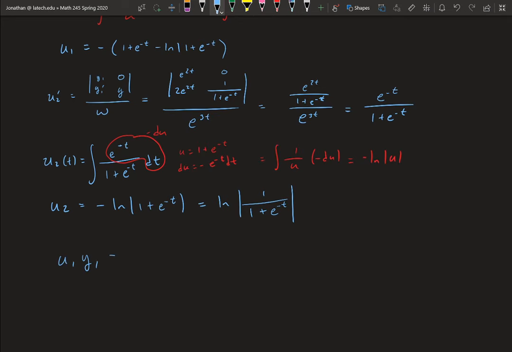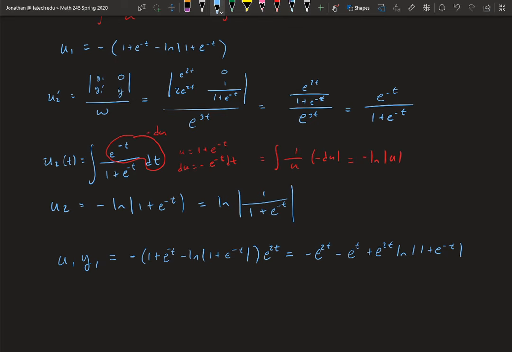U1 y1 will be equal to negative 1 plus e to the negative t minus natural log of 1 plus e to the negative t, times y1, which is e to the 2t, which is equal to negative e to the 2t minus e to the t plus e to the 2t natural log of 1 plus e to the negative t.